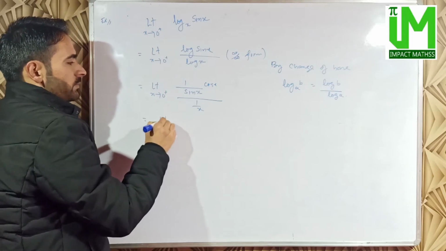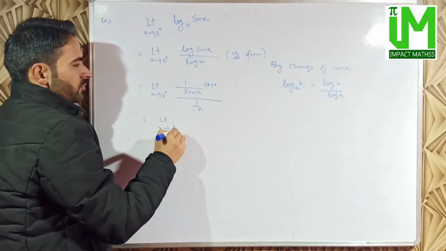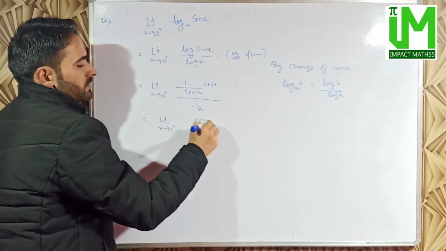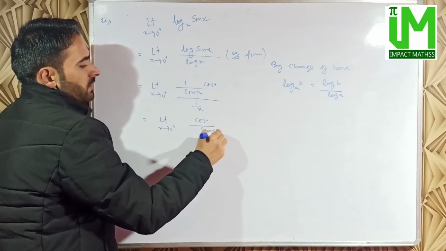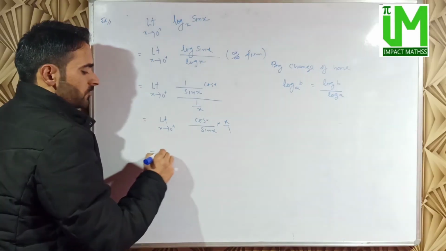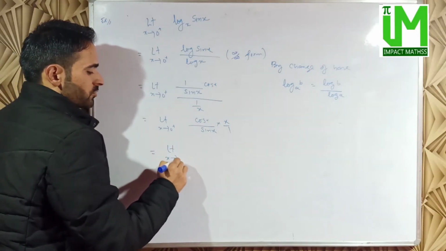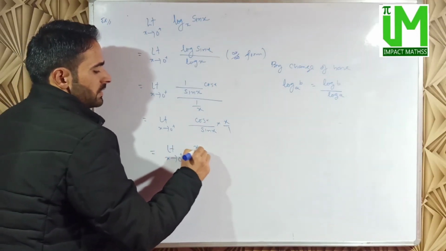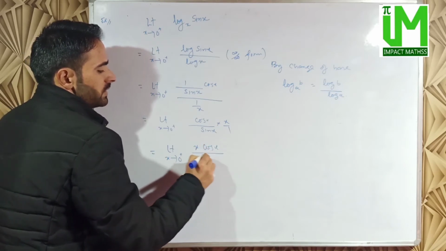So it will be cos x divided by sine x into x divided by 1, reciprocal of x divided by 1, which will be limit x approaches 0 from the right, x cos x divided by sine x.